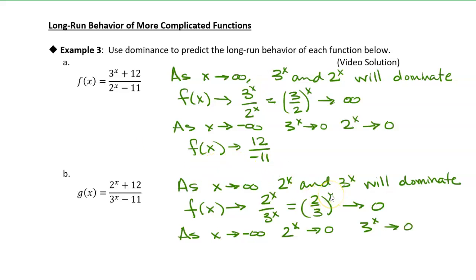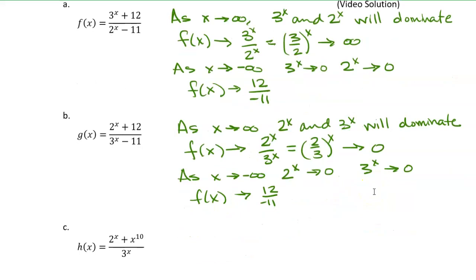So f of x is going to go to just the constants again, 12 over negative 11. So we have the same horizontal asymptote as before. We have two different horizontal asymptotes, which is interesting: one at 0, one at negative 12 elevenths.